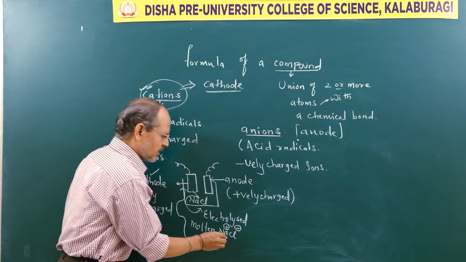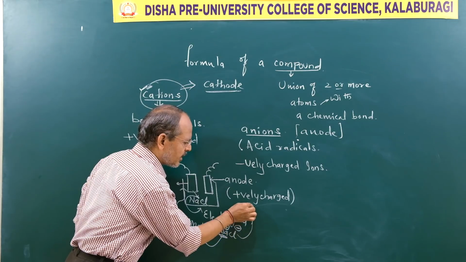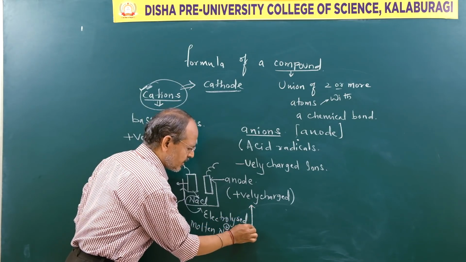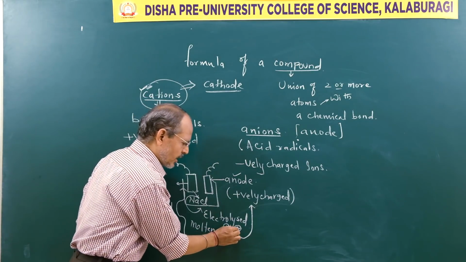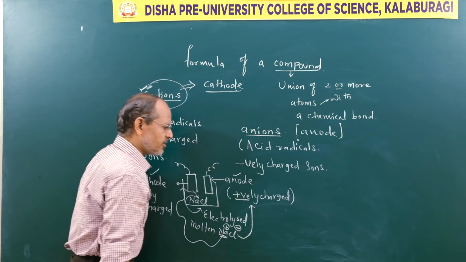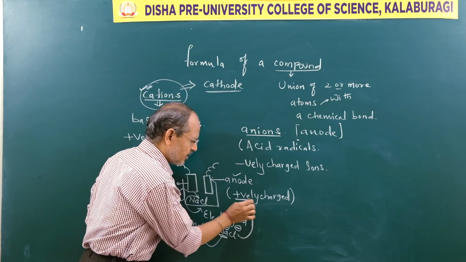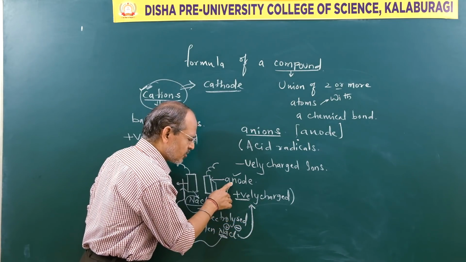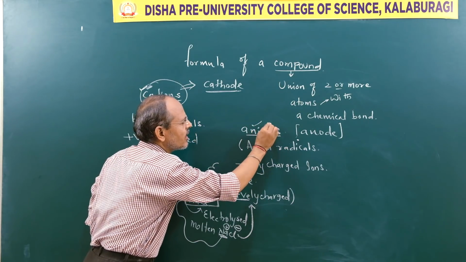Like that, the chloride ions are negatively charged and are migrating or moving towards the anode. Chloride is negatively charged, anode is positively charged, so therefore this ion is moving towards anode. That's why it is called as anion.